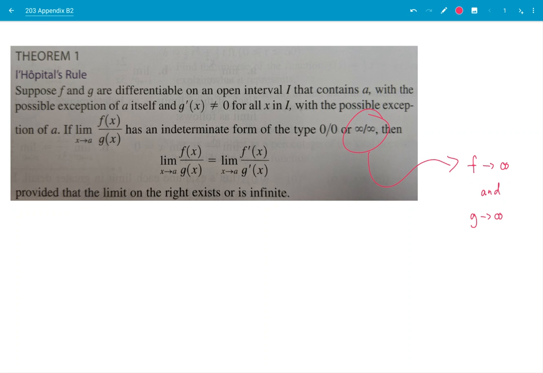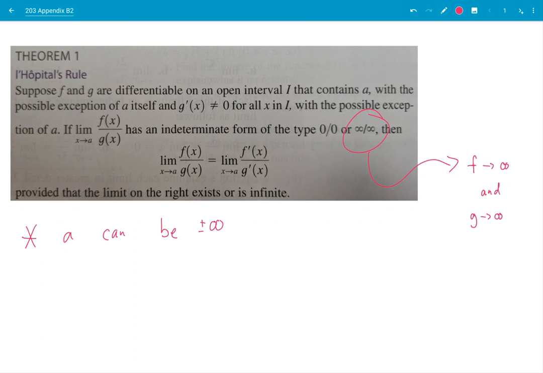And the number a here can be plus or minus infinity.